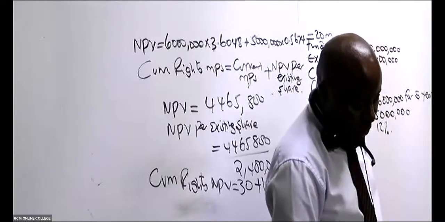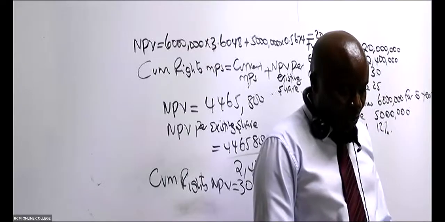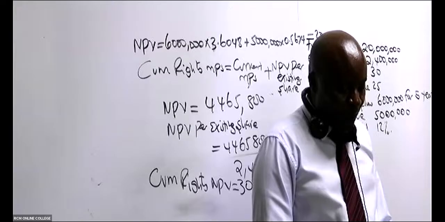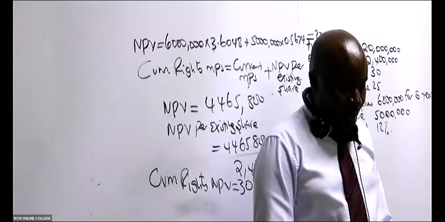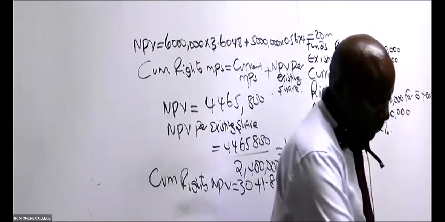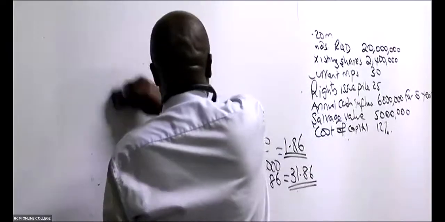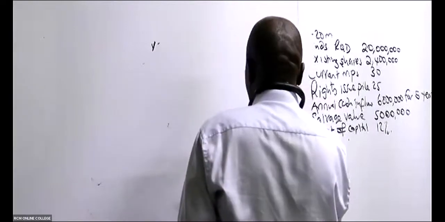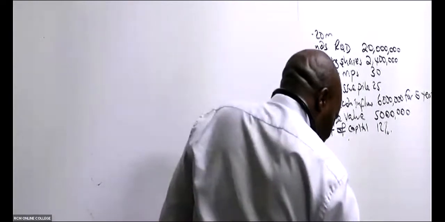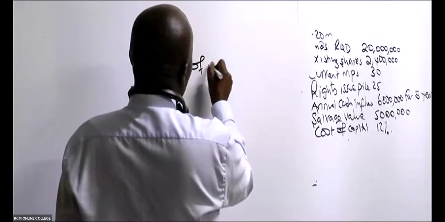So how shall we be able to do this really? The first thing that I will do is to calculate the number of new shares. Number of new shares, very easy.